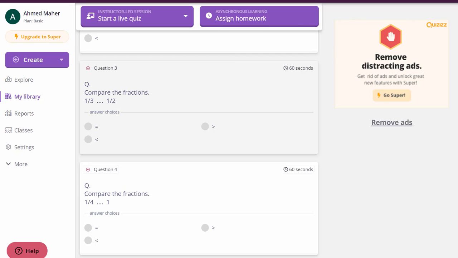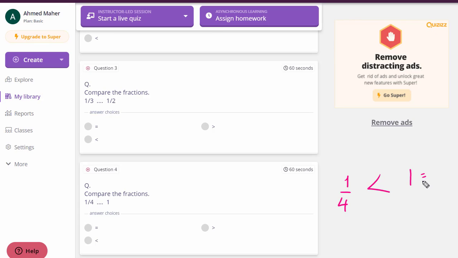Malik Salman, yes, go ahead. Compare the fraction. 1/4 and whole 1. Whole one is greater. Can you explain why? Because 4 multiply 1 equal 4 and 4 multiply 4 equal 8.